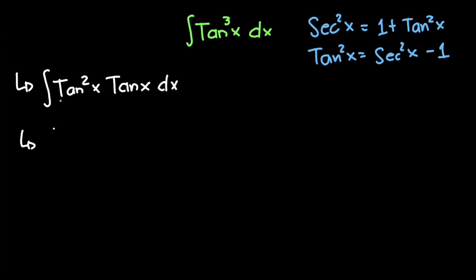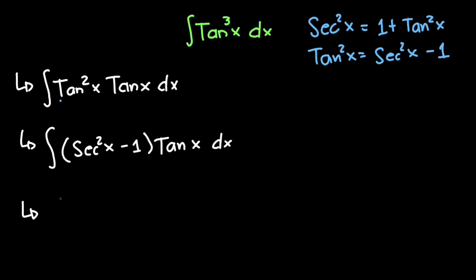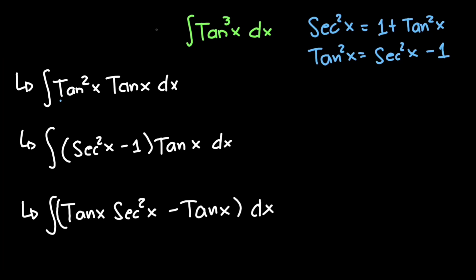And so, substitute this. You will have the integral of secant squared of x minus 1 multiplied by tangent of x dx. And now, multiply tangent of x between the parentheses. So, this would be the integral of tangent x secant squared x minus tangent of x multiplied by 1, which is simply tangent of x, all multiplied by dx.